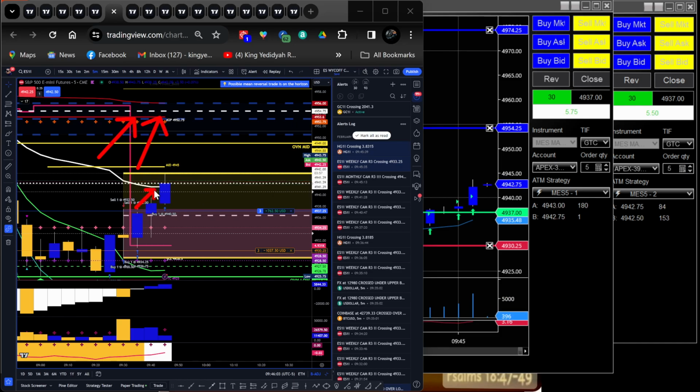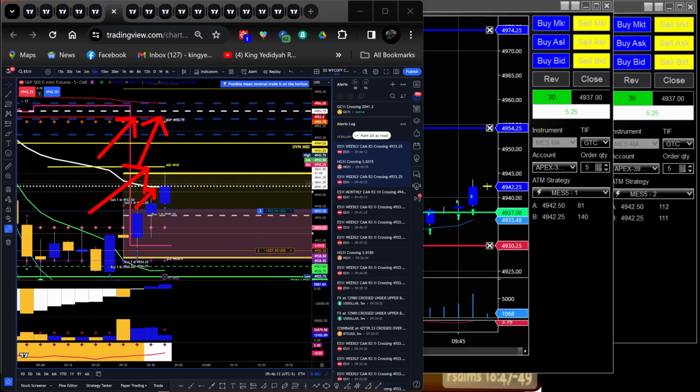We might come back and test VWAP and push off again. Right now the mid is at 49.45.